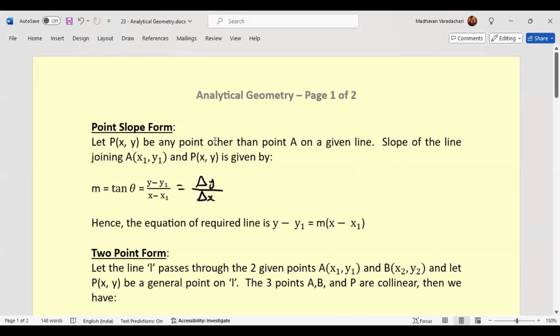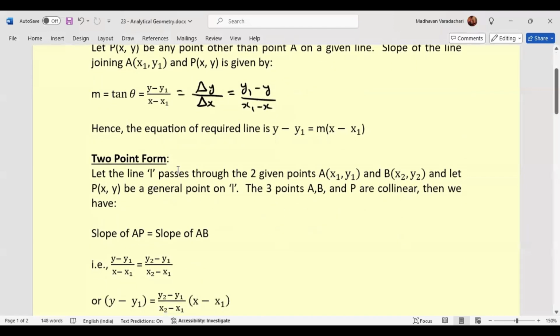So change in y becomes y minus y1 divided by change in x, x minus x1. Either this way or we can also write it this way, y1 minus y divided by x1 minus x. Both are okay. Hence, the required equation of the line will become y minus y1 is equal to, cross multiplying, m times x minus x1.